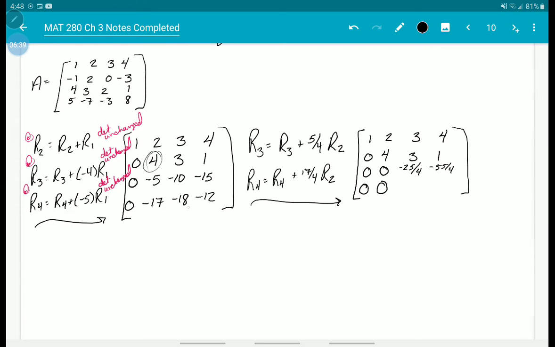So then negative 18 plus 17 over 4 times 3 is negative 21 over 4. And then negative 12 plus 17 over 4 times 1 is negative 31 over 4.